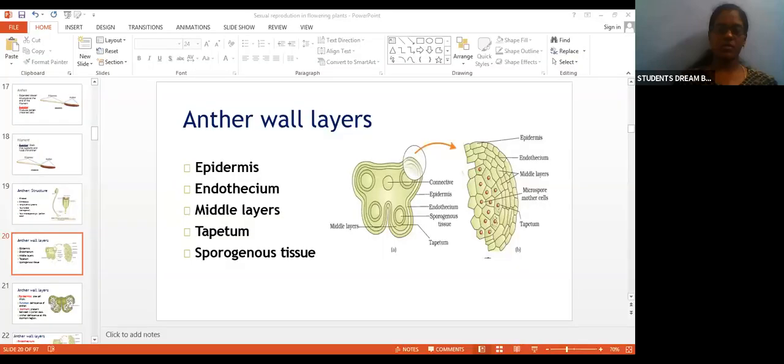So the anther wall has the outermost layer, which is the epidermis, then the endothecium, the middle layers, and finally the tapetum. So these are the different layers in the anther wall.